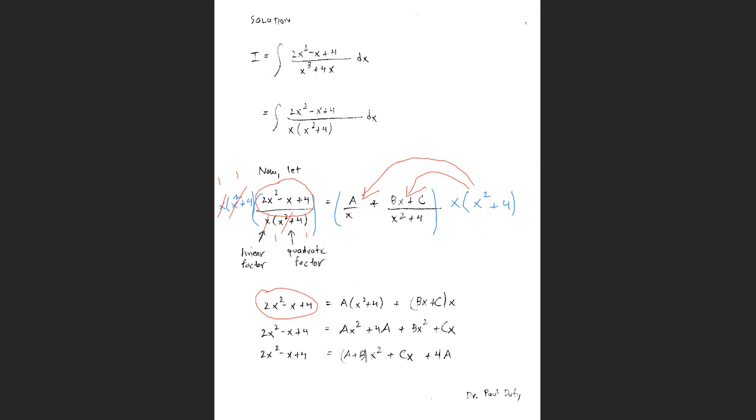And so when I multiply x times x squared plus 4 times the a over x, what's going to simplify out? The x or the x squared plus 4? Let me just, this pen gets out of control a little bit, hold on, but we're okay.